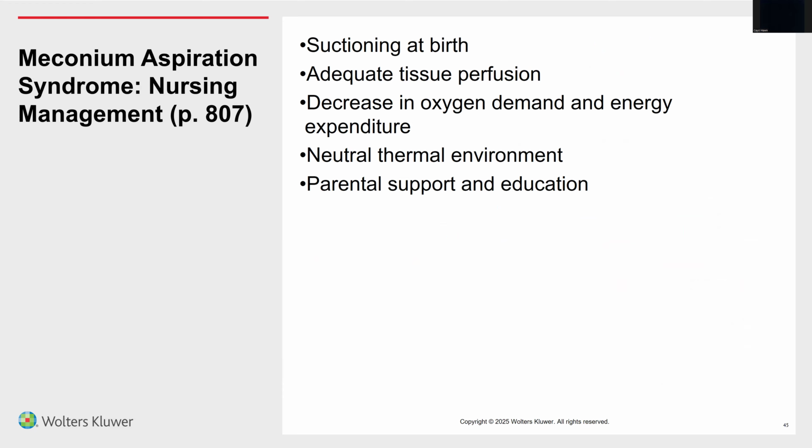This little one may get suctioned at birth. The provider caring for the baby may decide to use a DeLee suction to suction out any excess mucus in the throat and pharyngeal area. We need to ensure adequate tissue perfusion is occurring. Decrease their oxygen demand and energy expenditure, provide a neutral thermal environment, and again, lots of parental support and education.